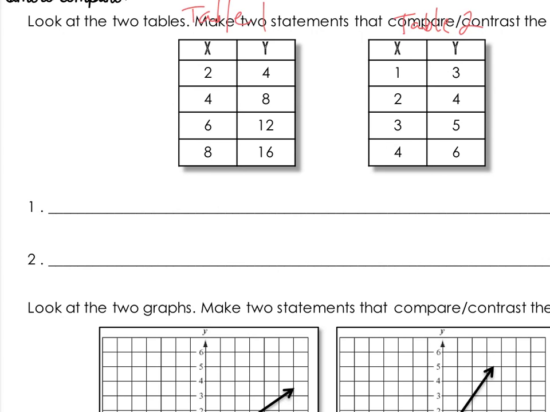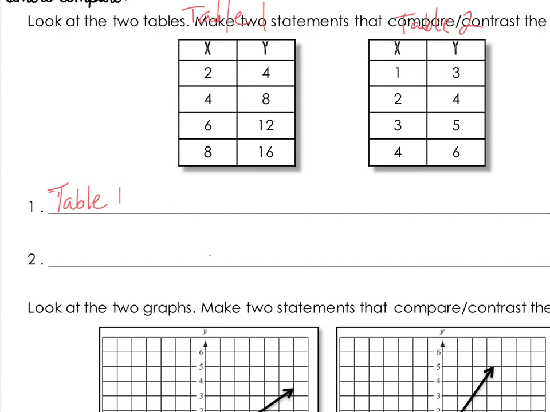When we look specifically at table 1, it looks like our x values keep going up by 2 each time. If we glance over at table 2, it looks like our x values are going up by 1 each time. Let's look back at table 1's y values.